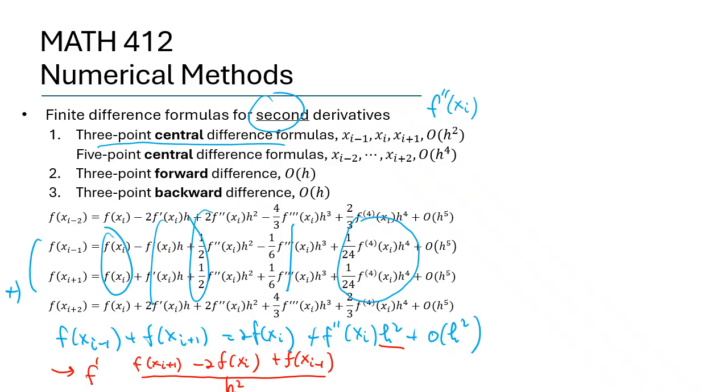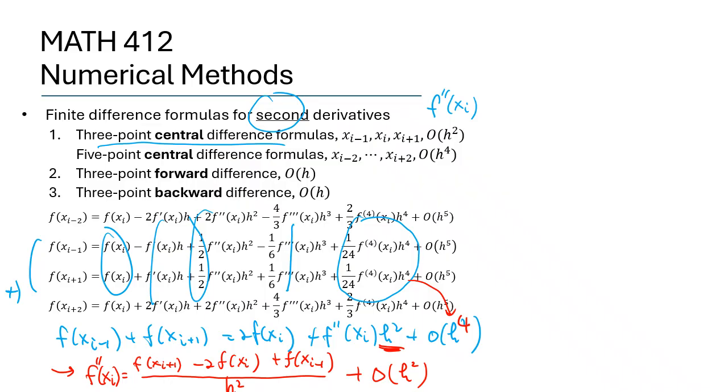That's f double prime of x_i, and it's big O of h squared. Okay, that's the finite difference formula for the second derivative.